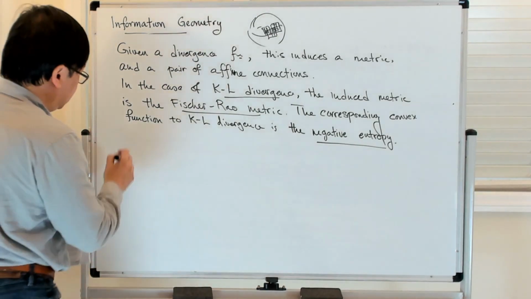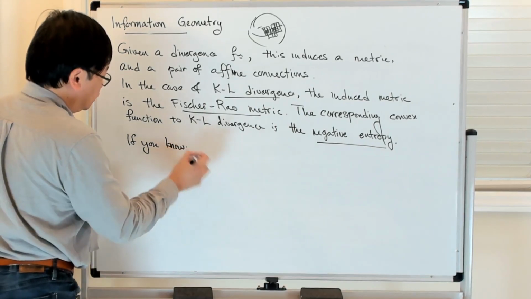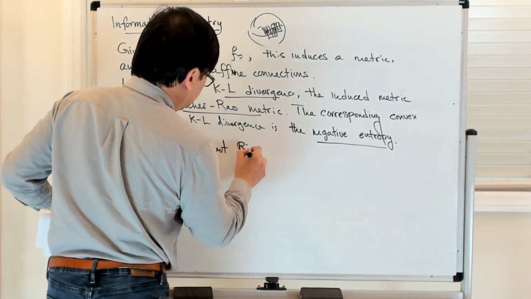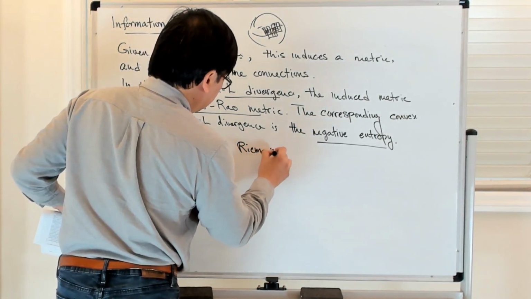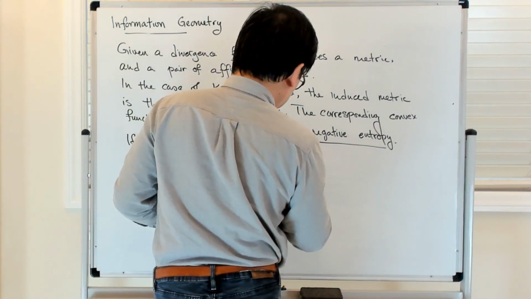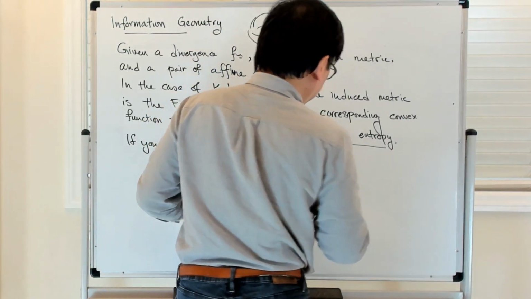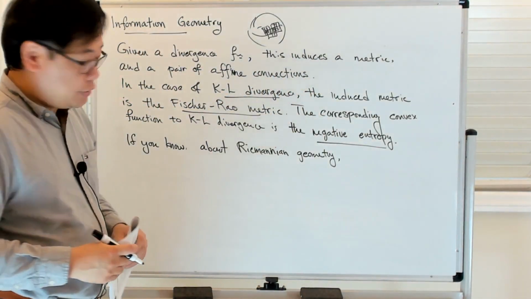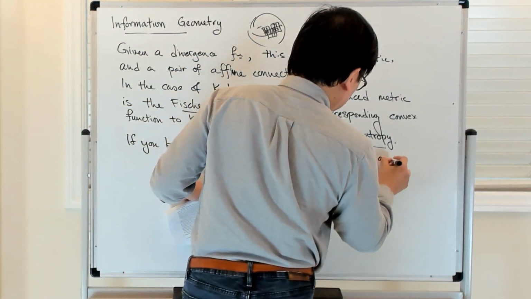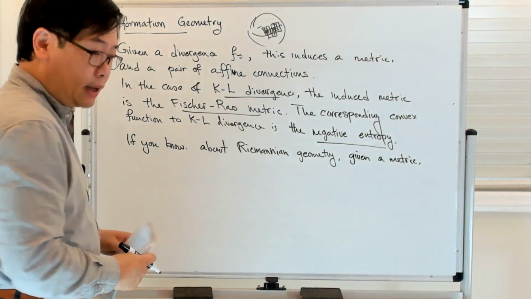So if you know something about Riemannian geometry, given a metric, there is some sort of canonical connection.